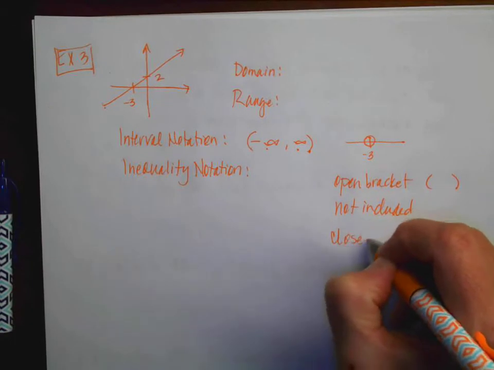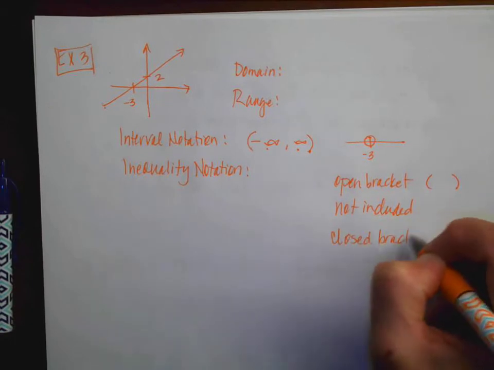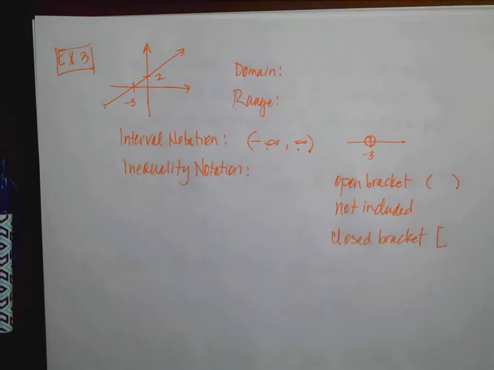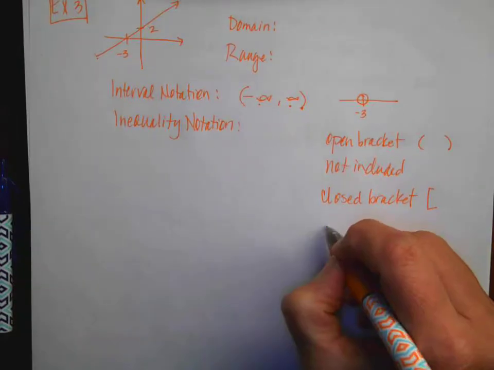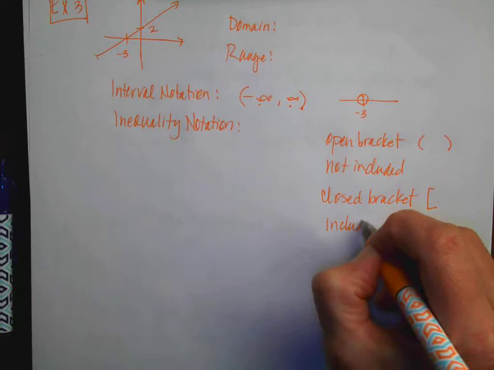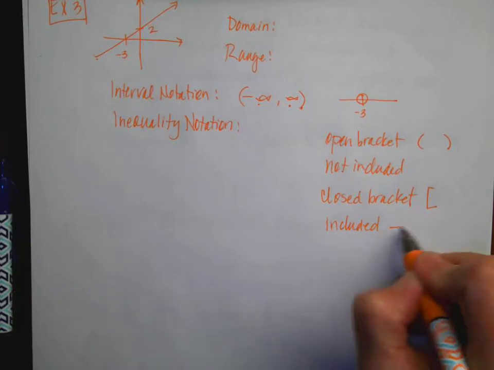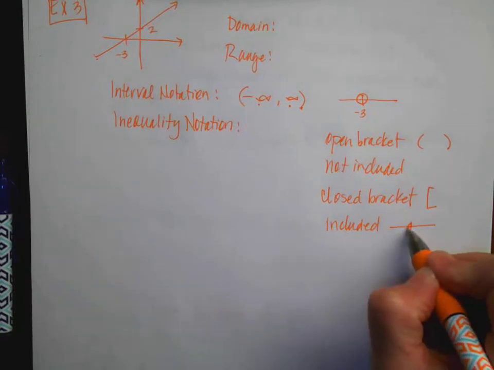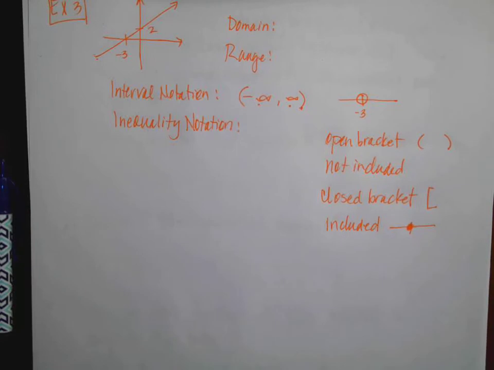A closed bracket, and if you're using interval notation, these would be the square brackets, and that means included. So that means that the value is going to be included, and if you think about it like on a number line, it means that it's a filled in circle.